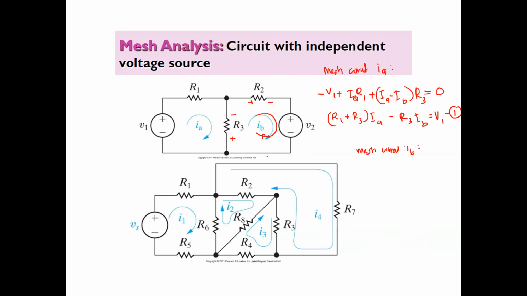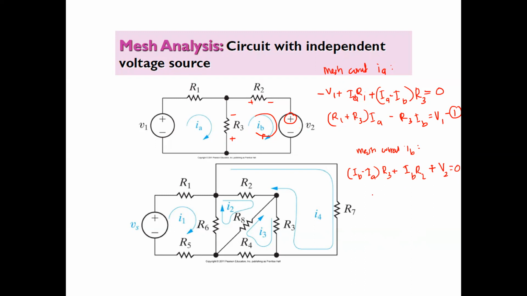So the net current will flow from positive to negative of R3. So we must write it like this: (IB minus IA) R3 plus IB R2 plus V2, and then this is equal to 0.